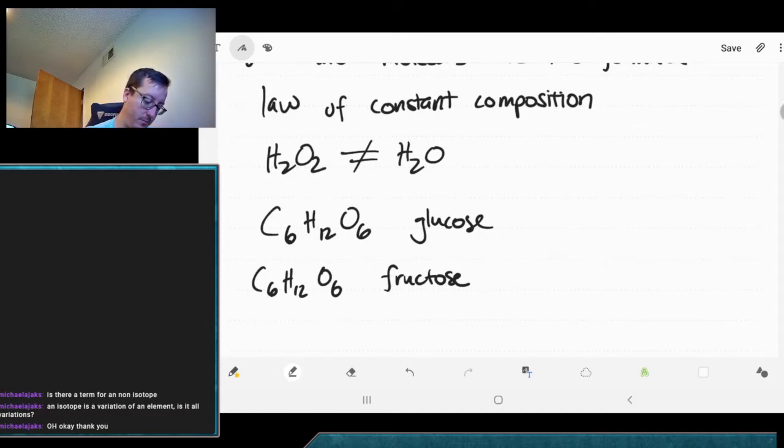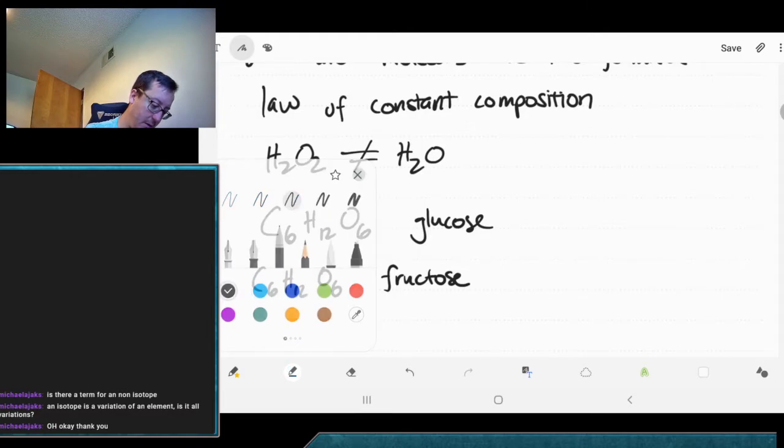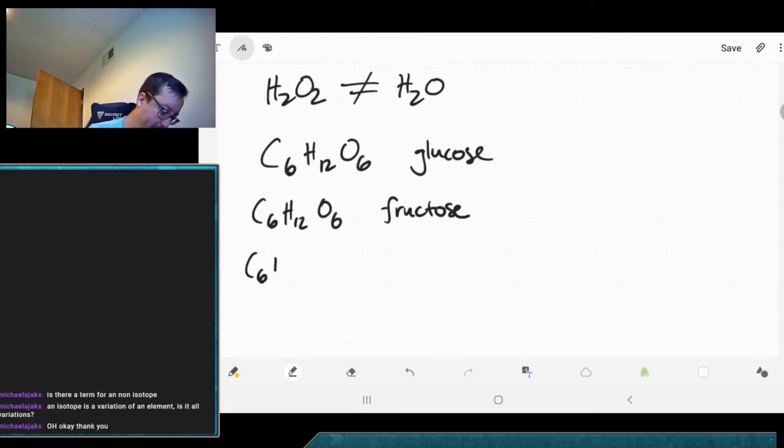So, what's important to note here, and let's do another one, we have also galactose, another sugar, also has the same formula. In fact, there are 16 different sugars that all have the same formula.